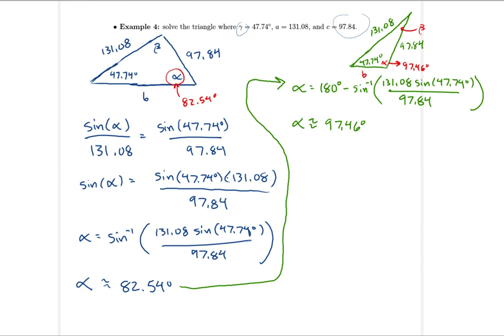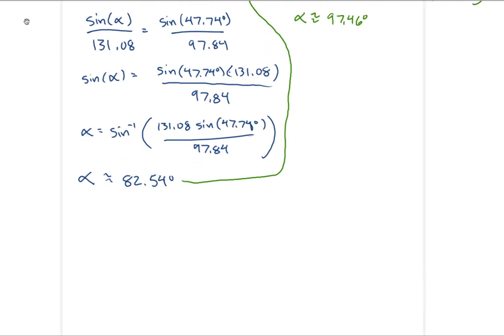So let's finish up the blue one first. So the blue one says, right, if that's my alpha, then my beta is 180 degrees minus 47.74 degrees minus the 82.54 degrees that we got for alpha, which gives me 49.72 degrees.